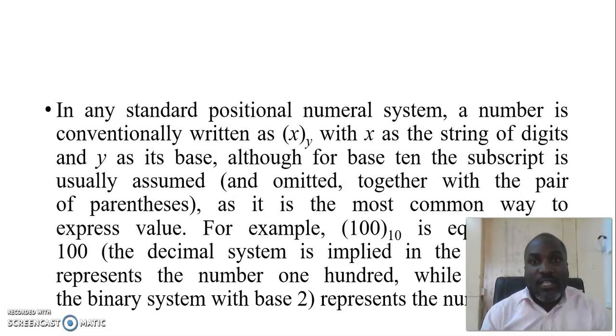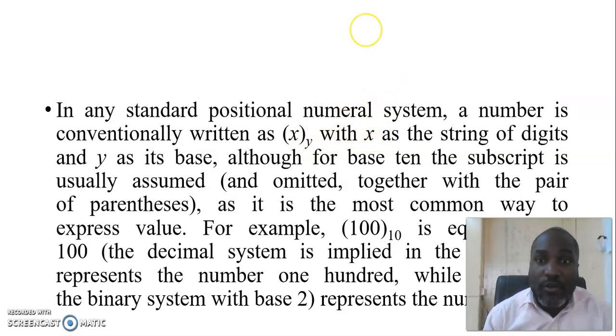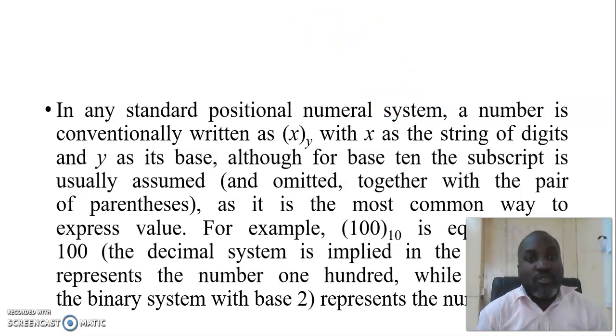Now, in any standard positional numeral system, the number is conventionally written as x with a subscript of y, with x as a string of digits and y as its base. Although for base 10 the subscript is usually omitted, because it is the most common way to express a value.